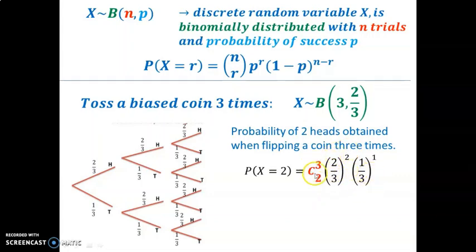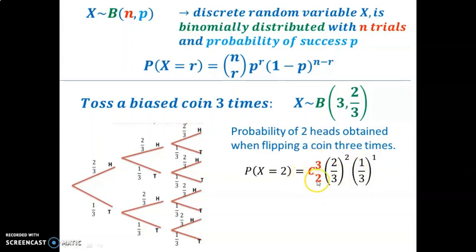So each of the 3 possible paths looks like this. If we're going to get 2 heads, we're going to have head, head, for example, so 2/3 times 2/3. So it's always the probability of success, and how many times you want that success to occur is 2/3 to the second power, because there'll be 2 of those in your multiplication. And then if you have 2 heads, there must be a tail, so a 1/3. That's the probability of failure here, and that's one of those in the path.